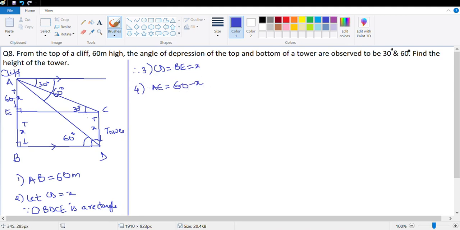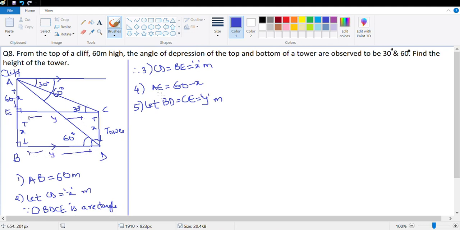So let's see if we can figure out something from here. And number 5, let BD is equal to CE is equal to Y. All this is in meters. Perfect. So this is Y and this is also Y.